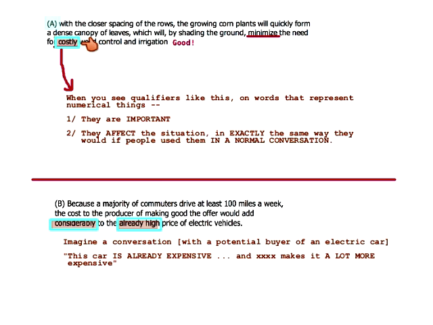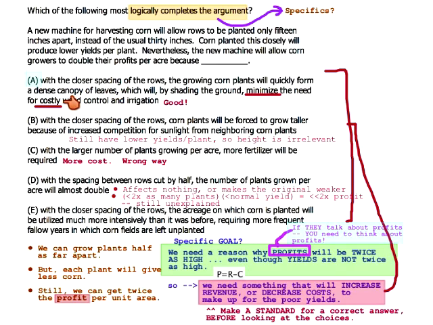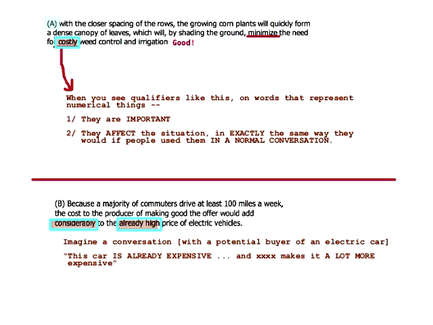Like here, costly tells you a lot about how much this is relative to profit. So when you see this kind of wording, absolutely you should put a lot of weight on it. Because they're not going to give you math numbers that prove that, because that's not the point of the problem. The point of the problem is just that this could be a factor that would make up for that. But yes, you should think about that.